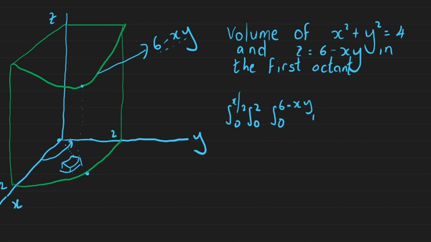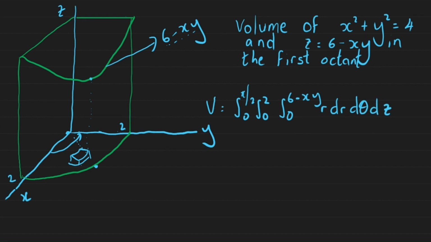And what we're integrating is r dr d theta dz. So now we proceed to evaluate this integral, but we first have to convert this xy into the variables of integration. And the variables of integration are r and theta. So it's a simple matter to convert from x and y to be in terms of r and theta.